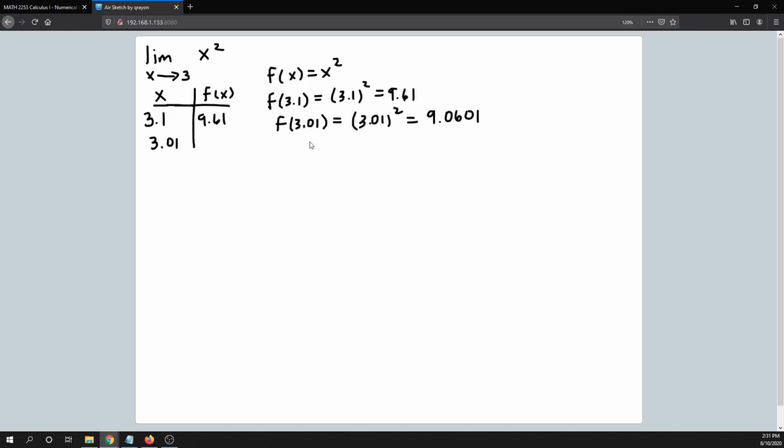Basically, I'm just going to repeat that process. I'm going to keep moving this value of x closer and closer to 3, plug those into the function and get the y value. And that is 9.006001.